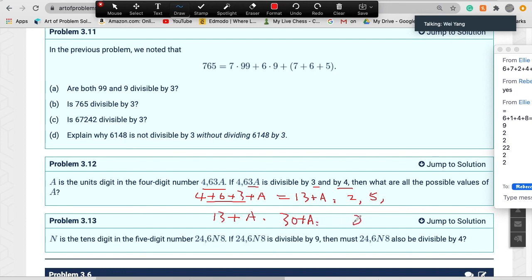So A equals 2, and what else? 36, so A also equals 6. Then the common one, because it has to satisfy both, so the correct answer should be 2.